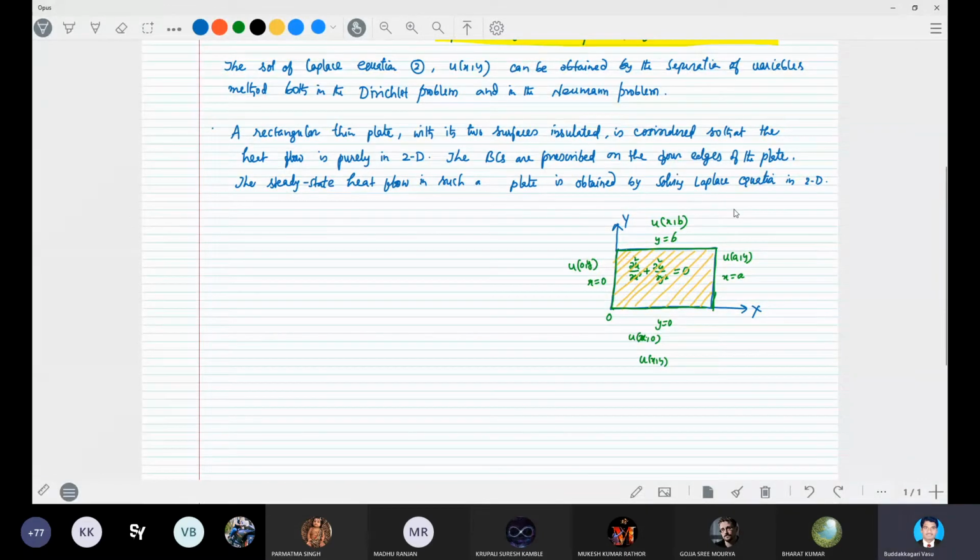This is the rectangle OABC. Now suppose we consider this two-dimensional body, a rectangular thin plate, with two surfaces insulated.